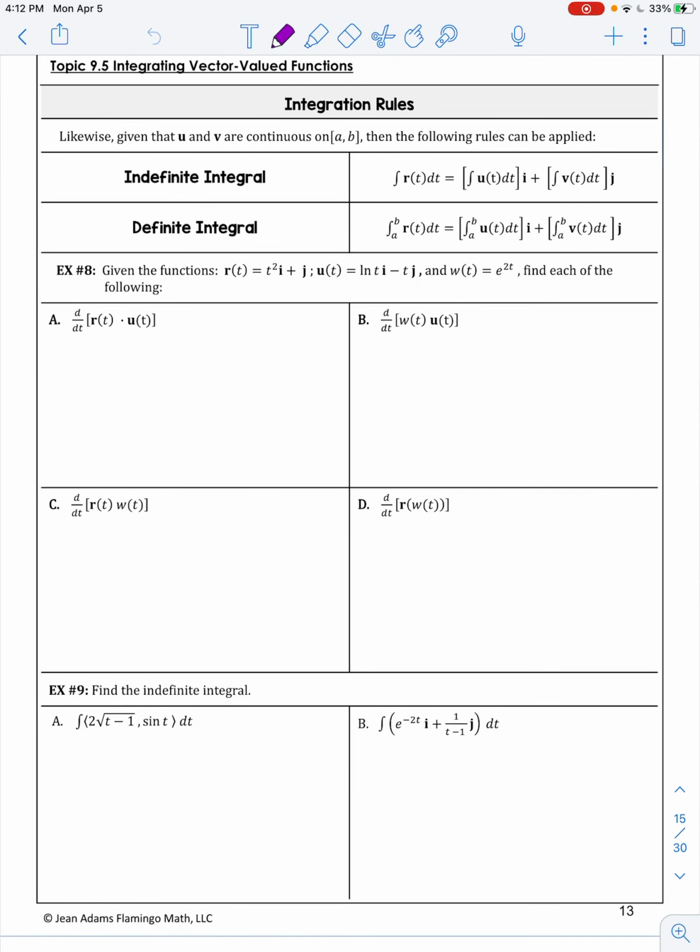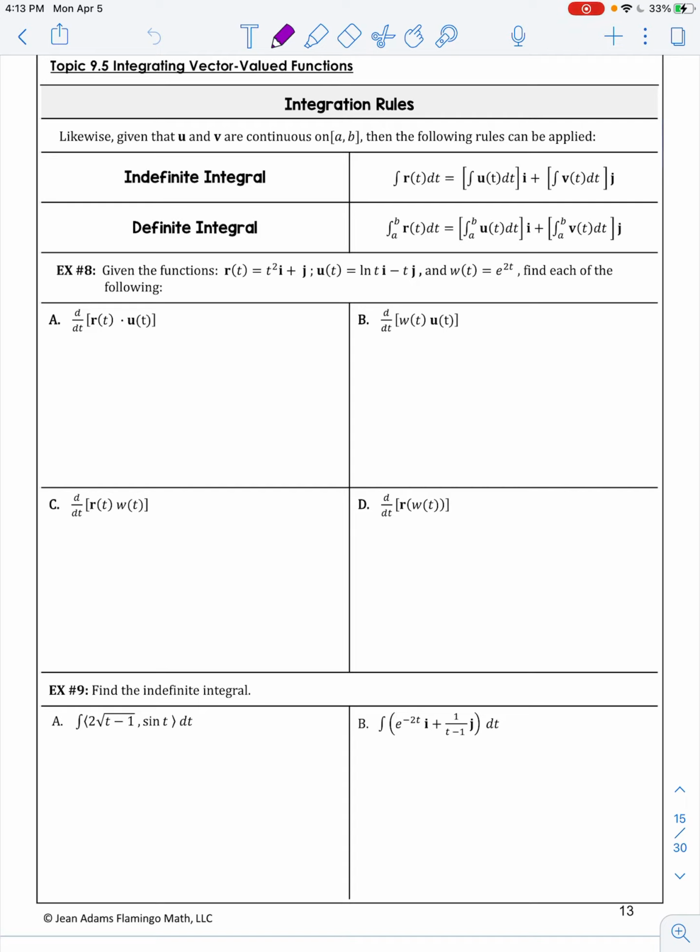Okay, back to 9.3. Likewise, given that u and v are continuous on a closed interval ab, the following rules can be applied. The indefinite integral of the vector valued function r of t dt is equivalent to the integral of u of t dt times i plus the integral of v of t dt times j.